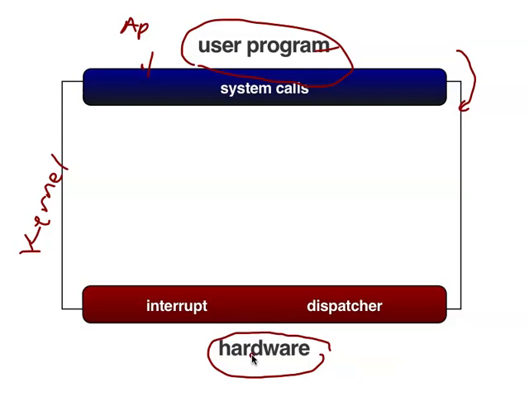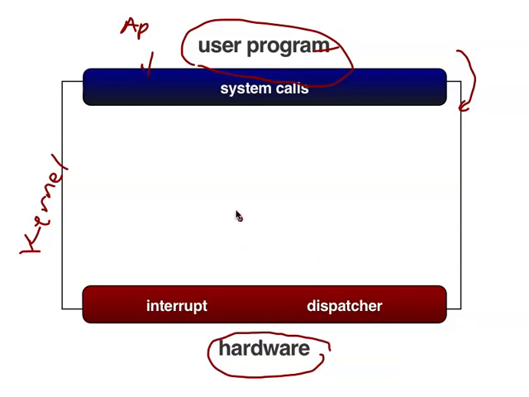Say a mouse wants to send some input to your system: it sends an interrupt, the hardware signal goes to the CPU, the CPU is interrupted, and you then execute whatever code is responsible for handling that interrupt.